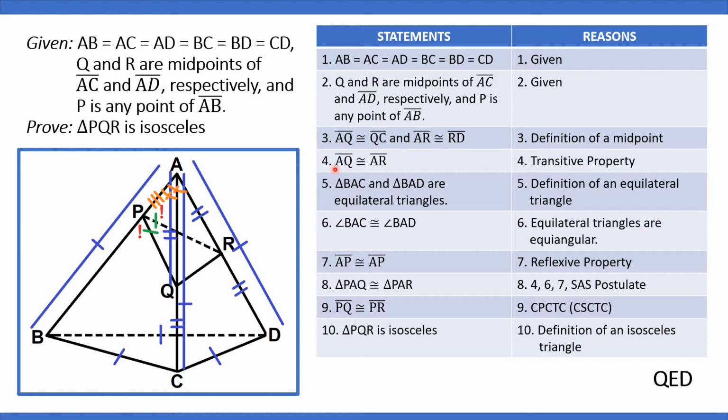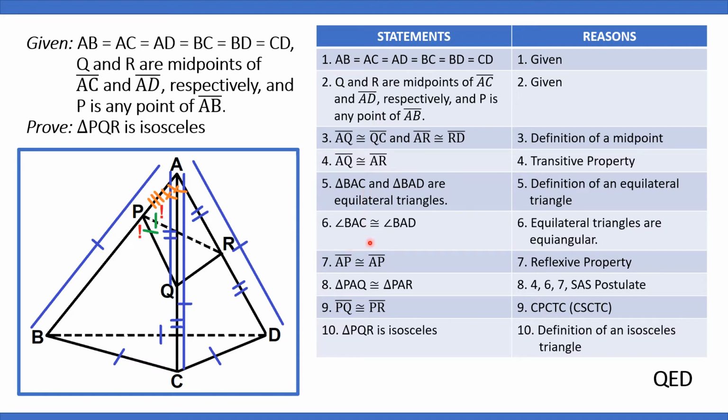Then, statement number 4 is the implication or the consequence of statement 3 and 1, that AQ and AR are equal by transitive property. Statement 5, triangle BAC and triangle BAD are equilateral triangles by the definition of an equilateral triangle. Statement 6 is a consequence of statement 5.